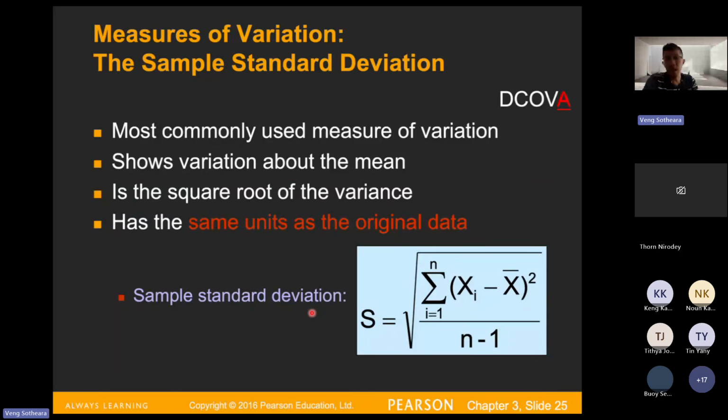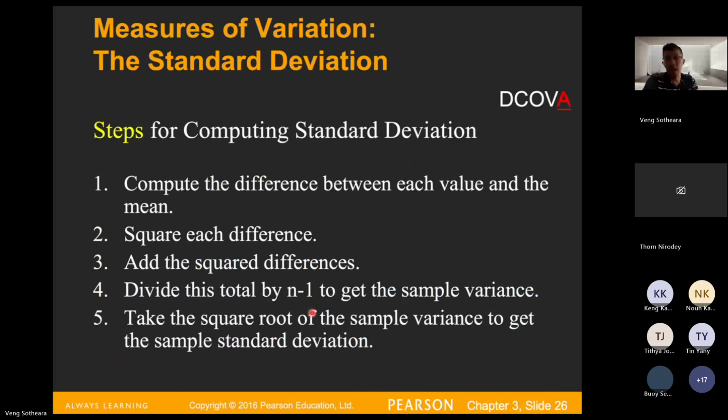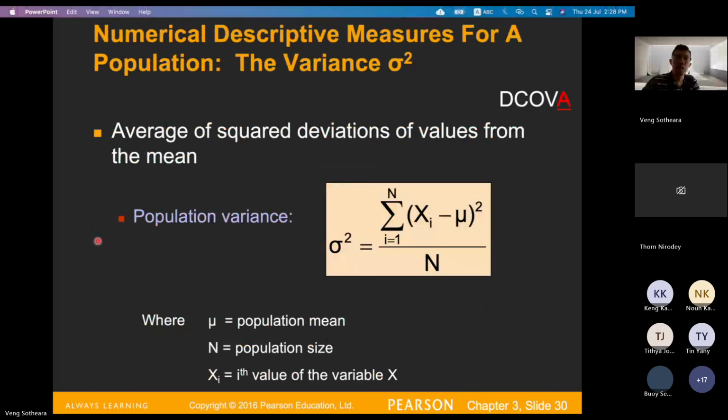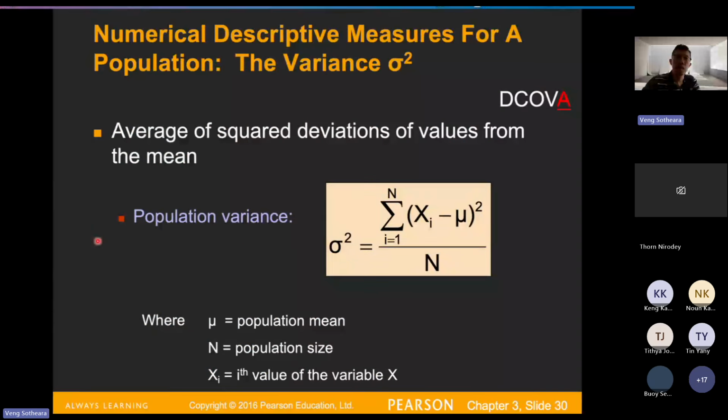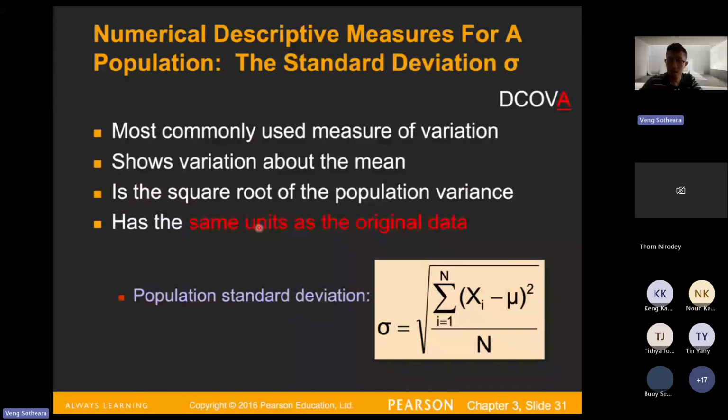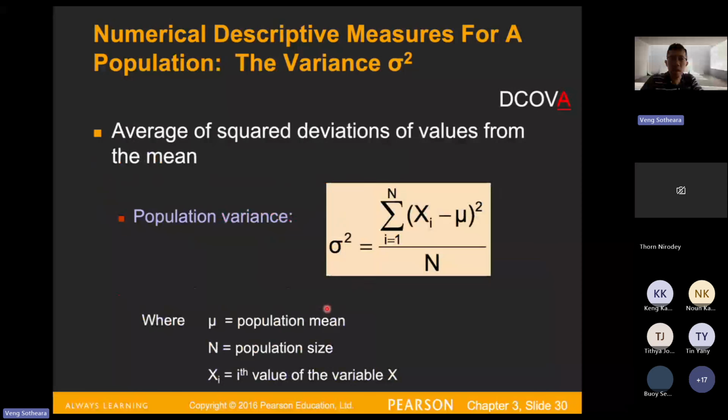And now let me consider population. If you change your data to a population, the measures are called population variance and population standard deviation. And we're going to use a slightly different notation.